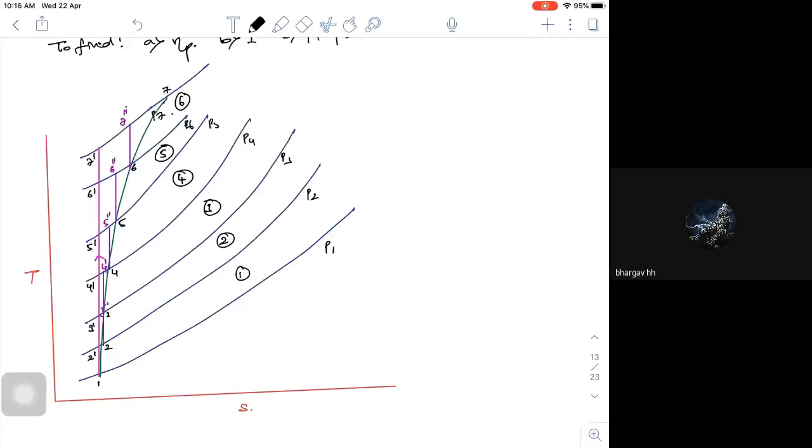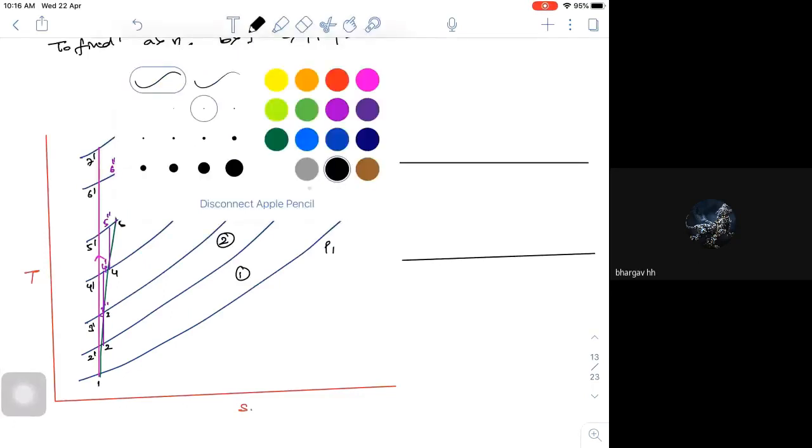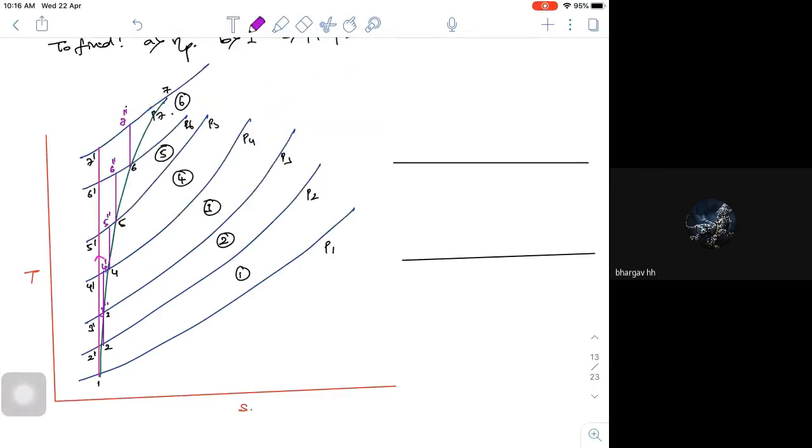This is the profile at the mean diameter, and let me draw the blade, something like this, and your blade.